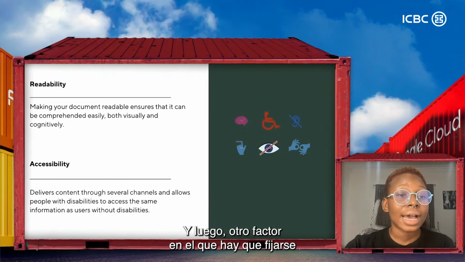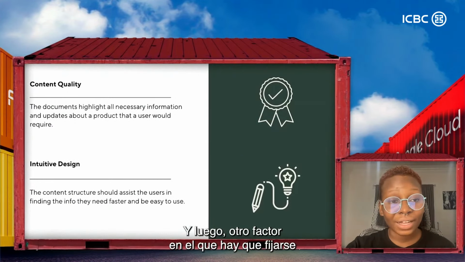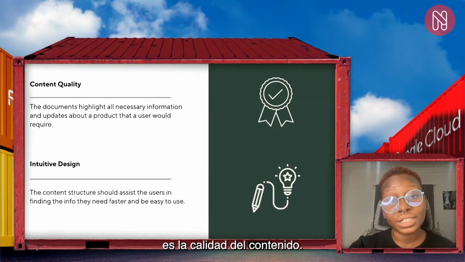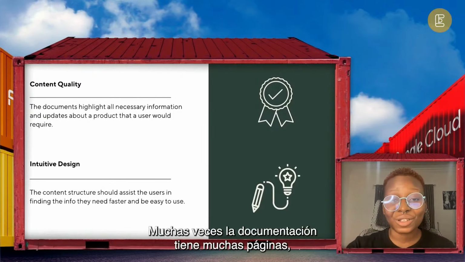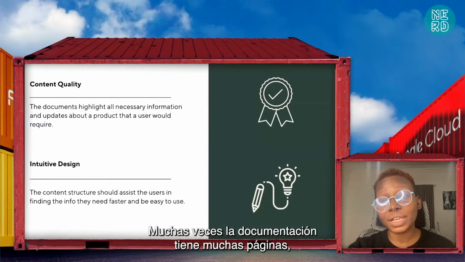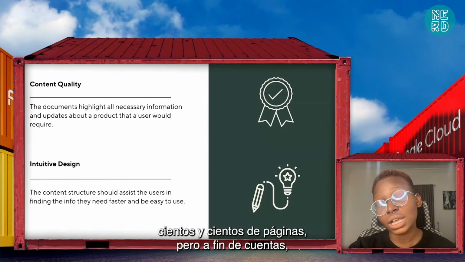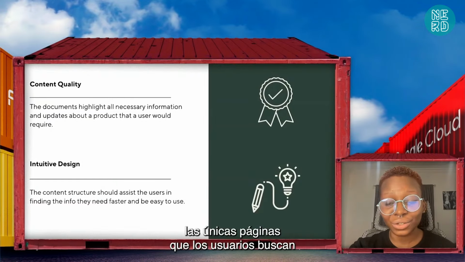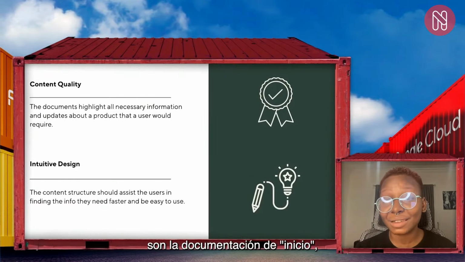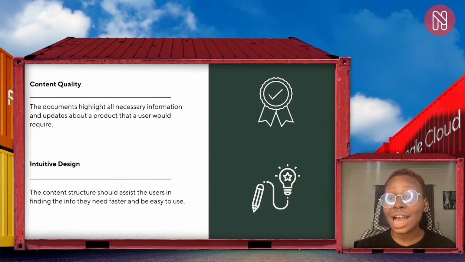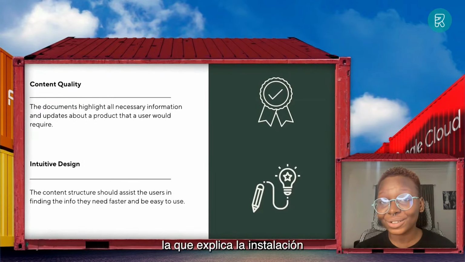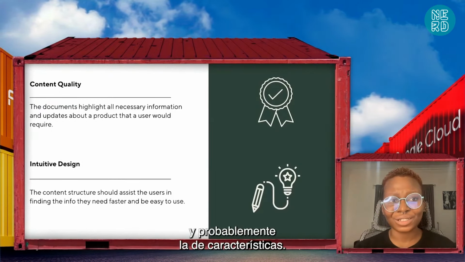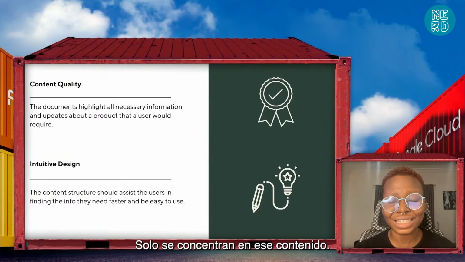And then another factor that you should look out for is the content quality. Most times we have documentation with so many pages, 100 to 200 pages, and at the end of the day, the only pages that the users are looking for are the getting started documentation, the how-to-install documentation, and probably the feature documentation. So they're only focusing on this content, right?